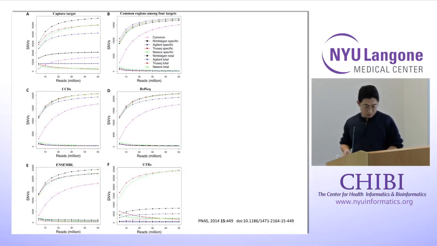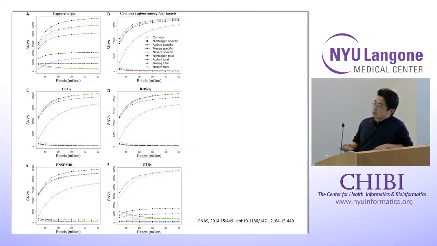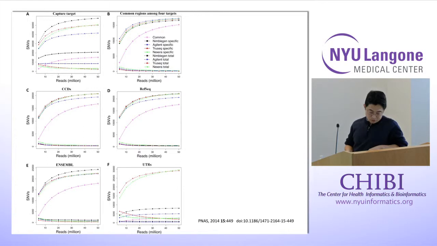There is a study that systematically looked at exome sequencing using different capturing kits, and investigated how many reads are sufficient to cover and call all the mutations in an individual. Here the solid line is for the platform-specific mutations, and the dashed line is the total number of mutation calls using different exome capturing kits.